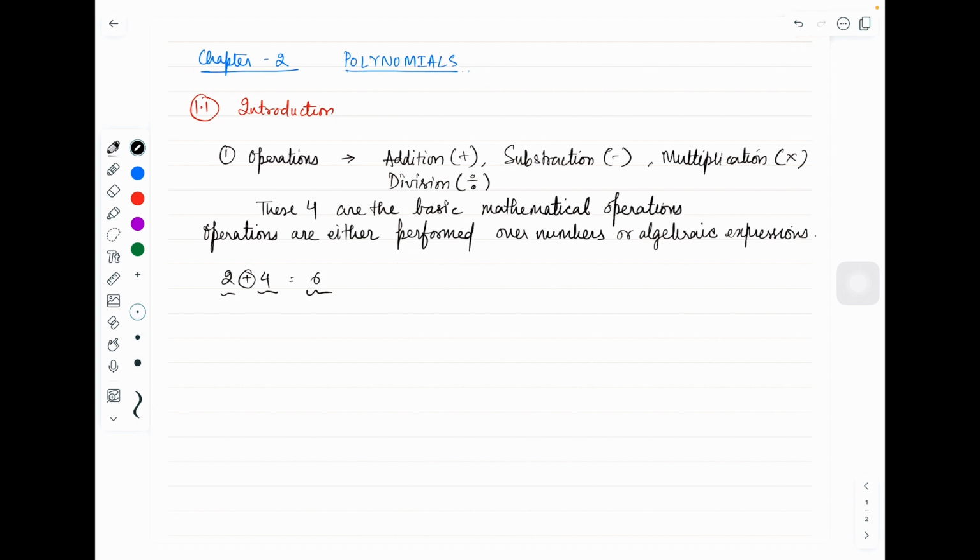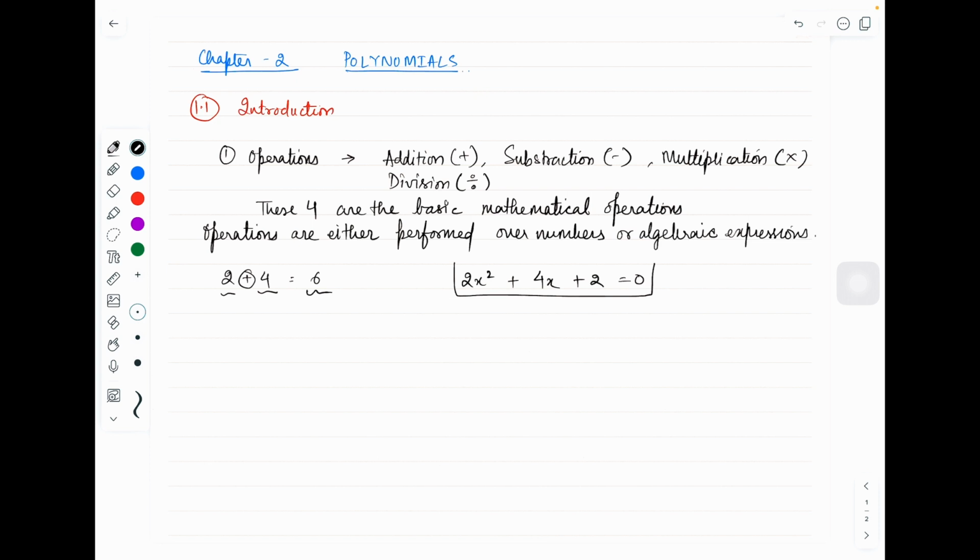Another form is algebraic expression. I'll talk more about algebraic expressions, but I'm giving you an example first. 2x square is one algebraic expression. We are performing addition with another algebraic expression, that is 4x, and another algebraic expression, that is 2, equals to 0.